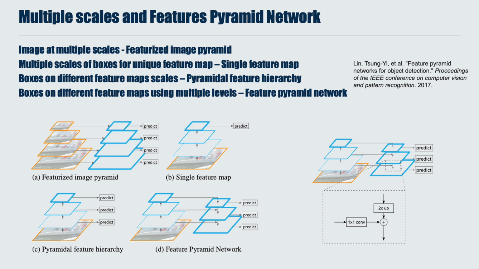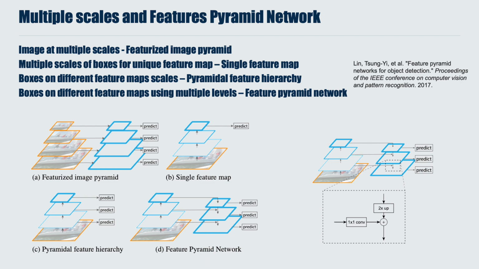In that case, it's what you have as a featurized image pyramid, where for each scale of the image that you consider, you create specific features on which you predict your boxes and the locations of your objects. Another way of dealing with multiple scales is to consider a single feature map by downsampling your image progressively and predicting only at the last level of downsampling, which is a single feature map.